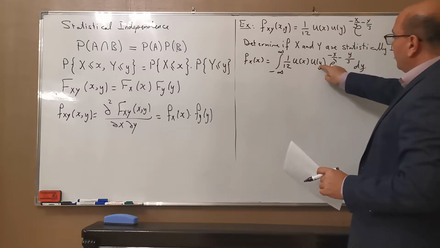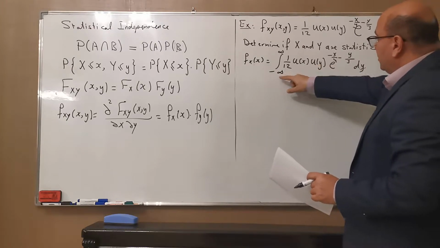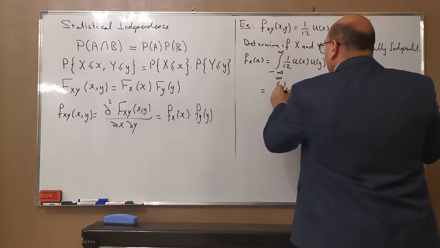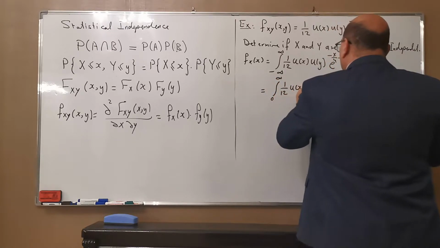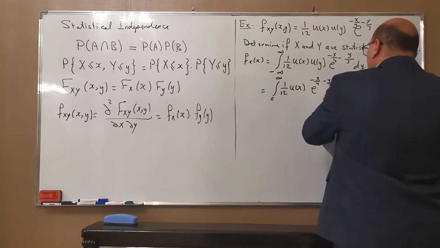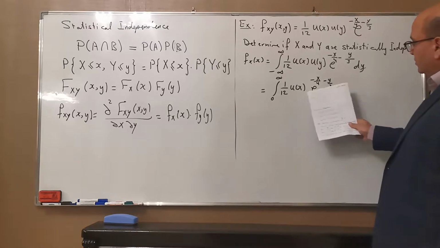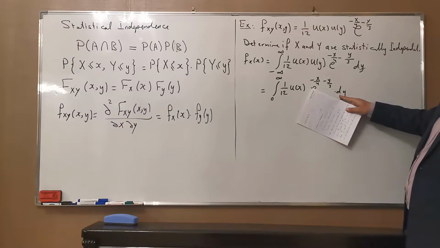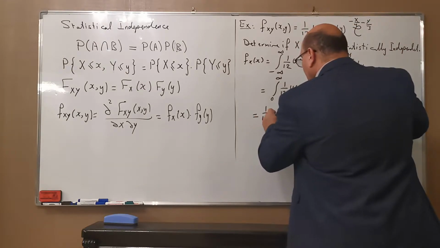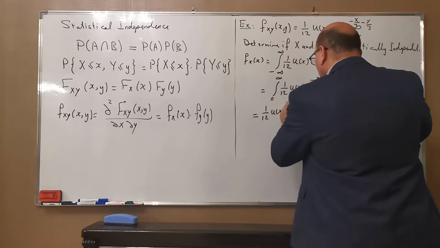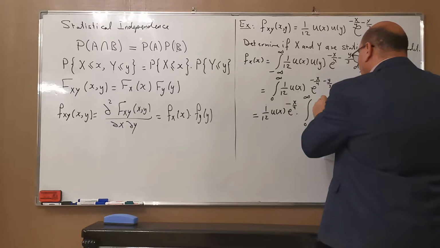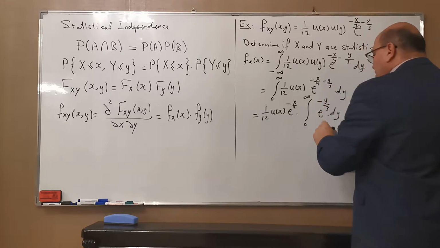Now, instead of u of y, we put the limits 0 to infinity: 1 over 12 u of x e to the minus x over 4 minus y over 3 dy. Everything in x is a constant with respect to y because the integration is over y. So this equals 1 over 12 u of x e to the minus x over 4 times the integration from 0 to infinity of e to the minus y over 3 dy.